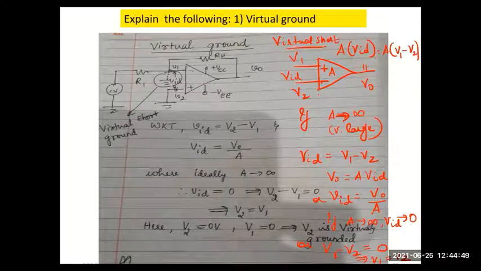It appears that there is a virtual connection between the two input terminals of an op-amp, mainly because of the very large gain of the op-amp, which will see to it that the differential input voltage is very, very small. This VID, does it mean that it is always 0?